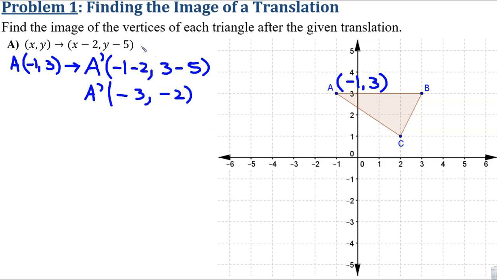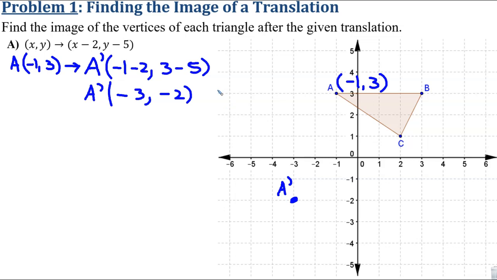All right, so after this translation rule, my A is going to move from -1, 3 to -3, -2. So like I said, that's one way to think about making our translation happen. Kind of think of them arithmetically.